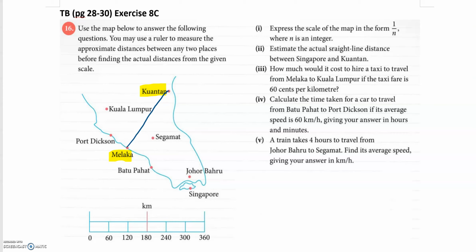Then I measure this distance between Malacca and Kuantan, place that distance against the scale, and that will give you the actual distance between these two places.